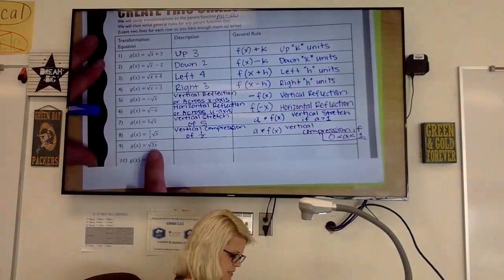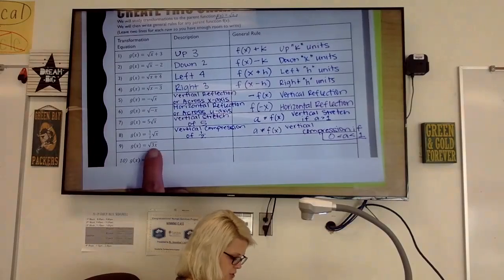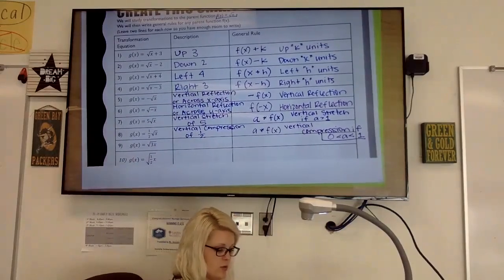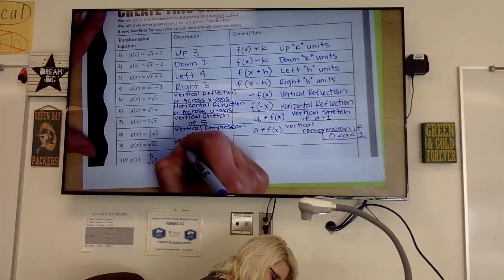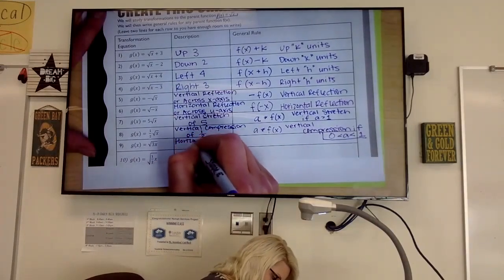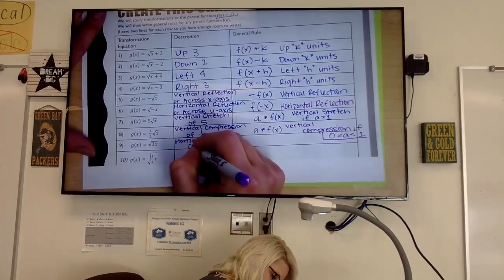And so if we see a number inside the function being multiplied, that is still going to be a stretch or compression, but it's inside now, so it's horizontal. So that's going to be a horizontal compression.